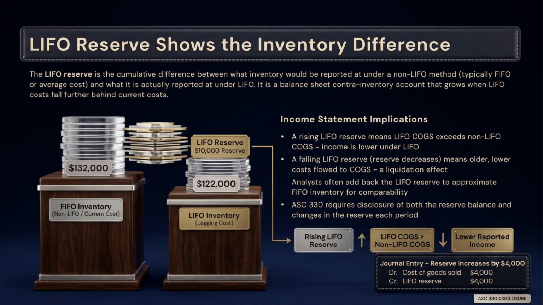If the reserve increases by $4,000, the entry is debit cost of goods sold $4,000 and credit LIFO reserve $4,000. When the reserve increases, cost of goods sold rises and income falls compared with a non LIFO method. Analysts often add back the LIFO reserve to approximate FIFO inventory for comparability.